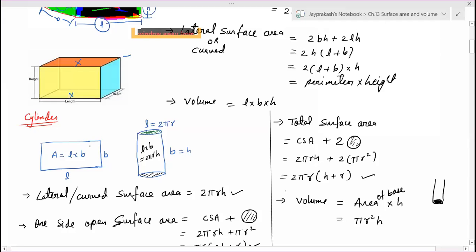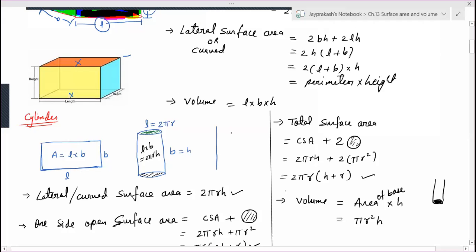Imagine an A4 size paper. This one is the paper with length L and breadth B. Now roll it. So it will change into the shape of a cylinder. This is in the shape of the cylinder. This length will be the circumference, that is 2 pi r.